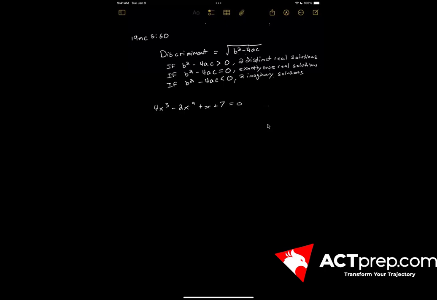So what we're going to do to find the other two solutions and be able to use our discriminant formula is we need to divide the polynomial by the factor it's given us. And since it's x equals -1, the factor is x plus 1.